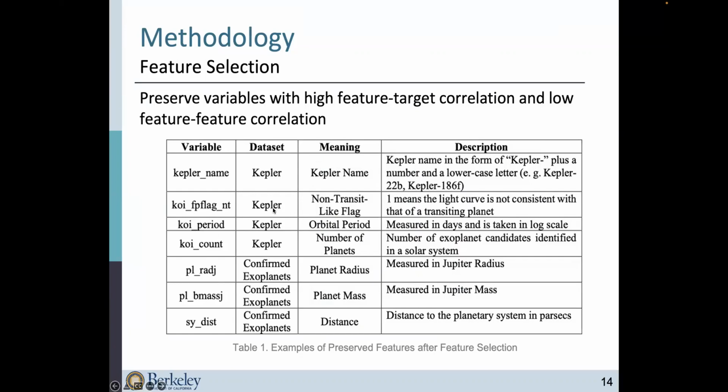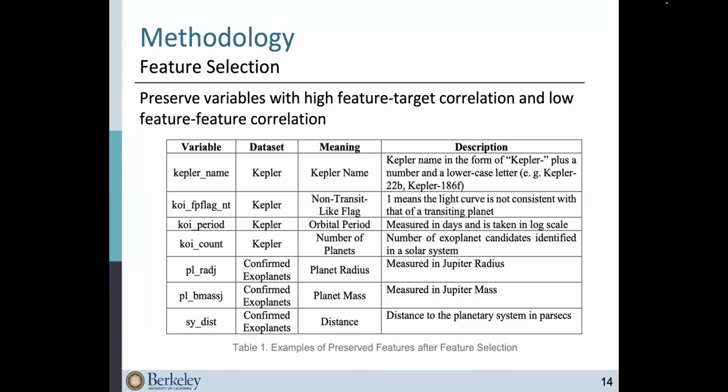And we have some variables, for example, like the non-transit flag. This flag means the light curve is not consistent with that of a transiting planet. So yeah, it's one in set, and we have some continuous features, for example, the Kepler period, which is the orbital period of the Kepler set, and we use its log scale.